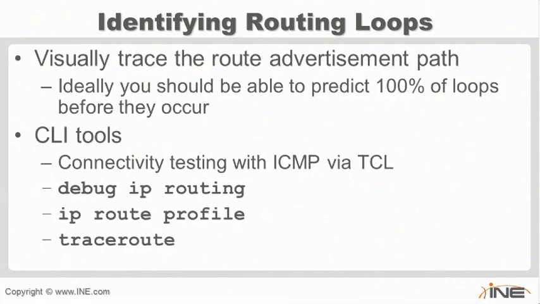So we'll see in our next couple examples, when we do run into problems with route feedback and traffic loops, using a TCL script to run through different ping commands is a quick method that we can use on all of the devices to figure out what destinations do they have reachability to and what destinations do they not have reachability to.